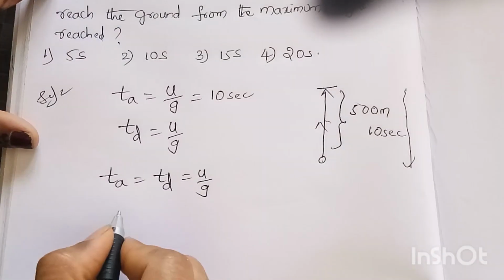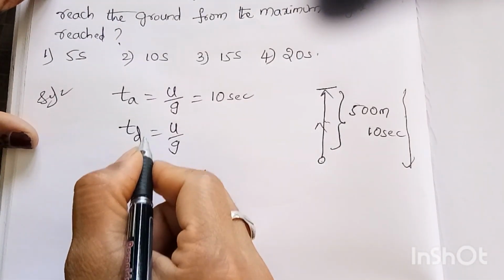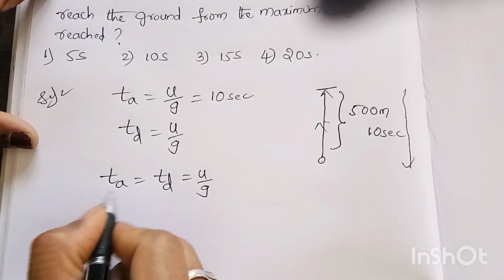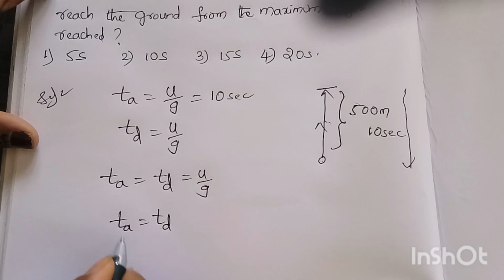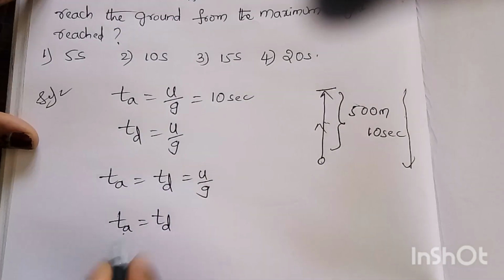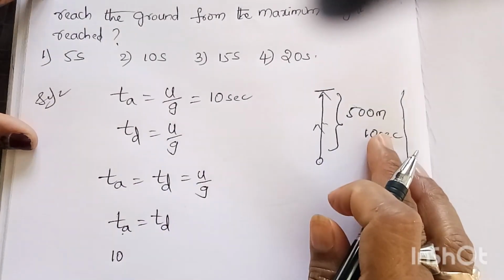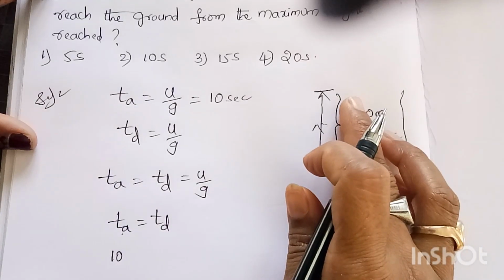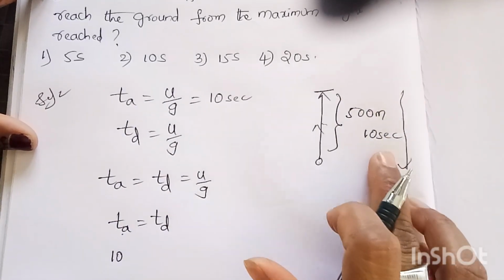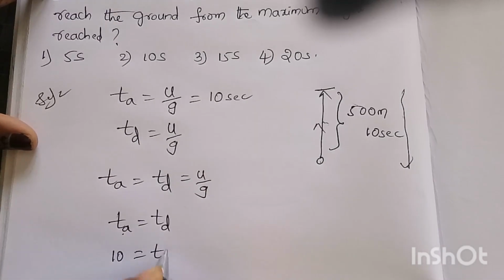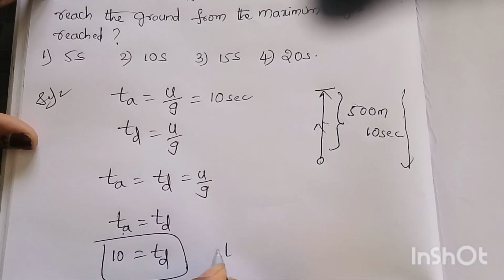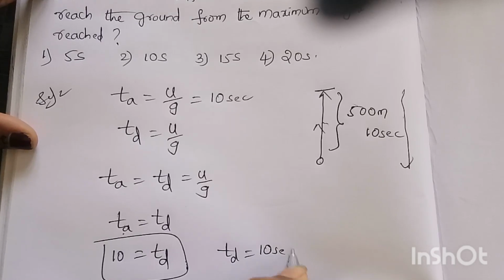So you can take it as Ta equals Td. What is Ta? 10 seconds. They have given the time taken by the body to reach the maximum height, the time of ascent, that is 10 seconds. So Ta equals 10 and Td equals 10 seconds.